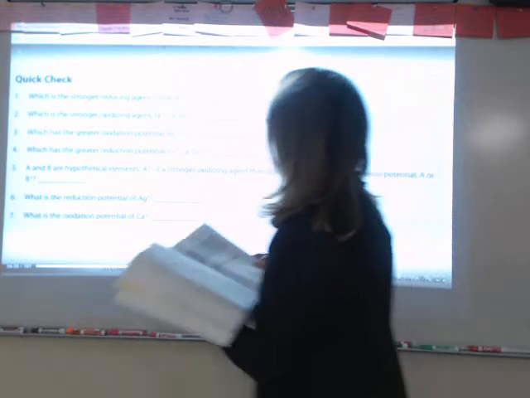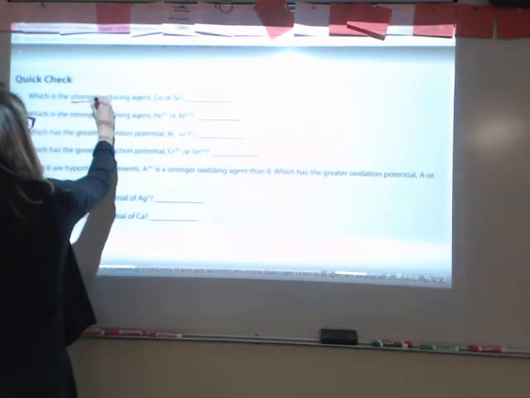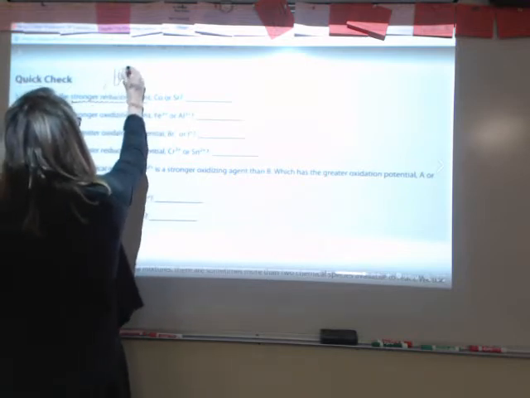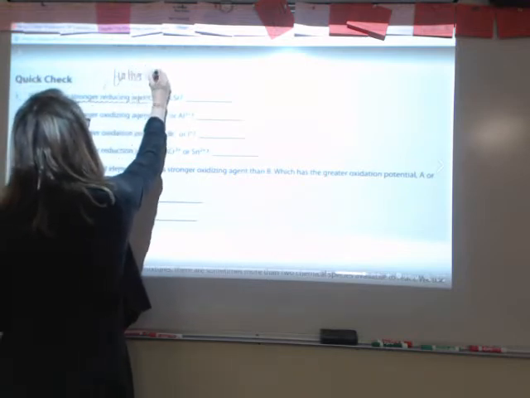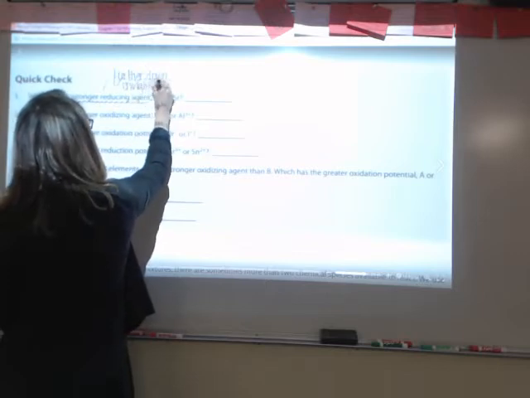What is the reduction potential of Ag? 0.8.